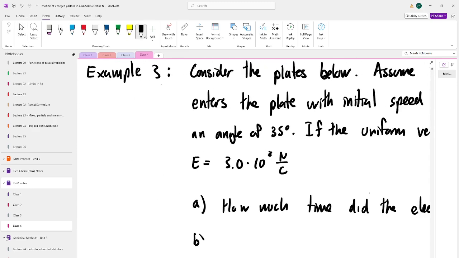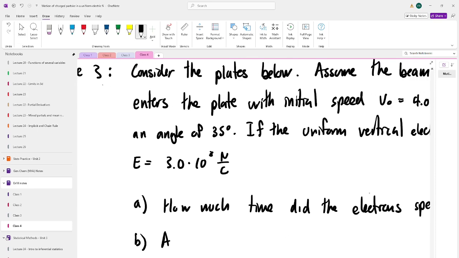And then B, at what horizontal distance do the electrons strike the plate?